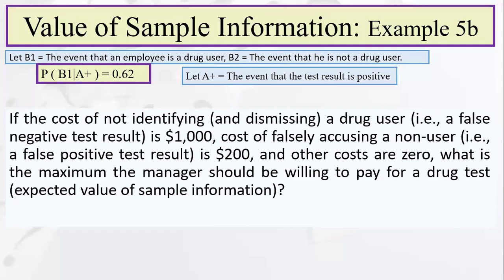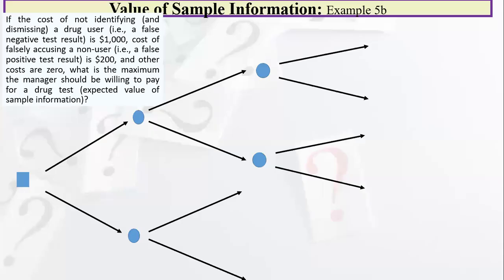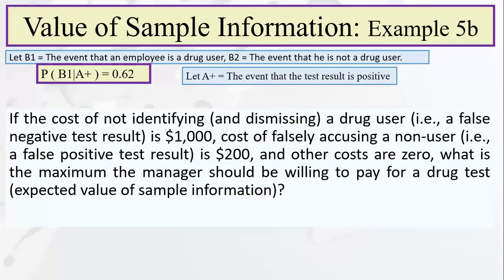Okay. So A is the event, B is another event, right? So the cost of dismissing a drug user, that is a false negative. A drug user is not identified.